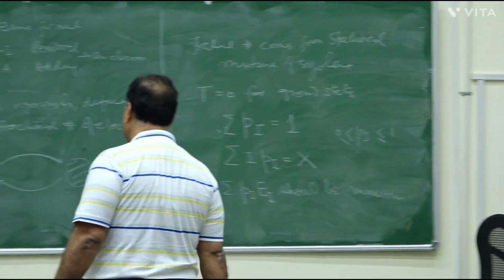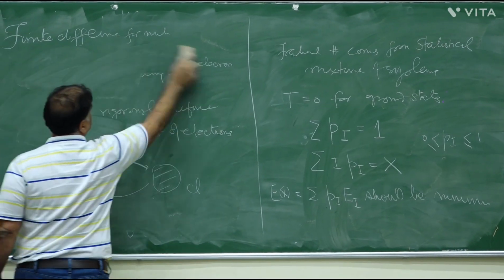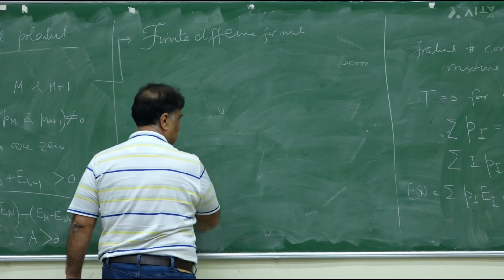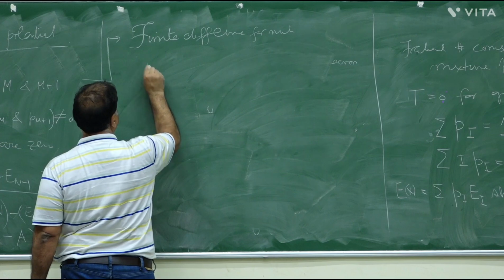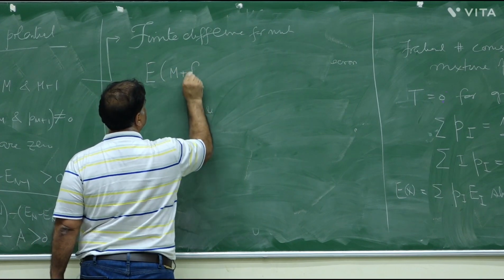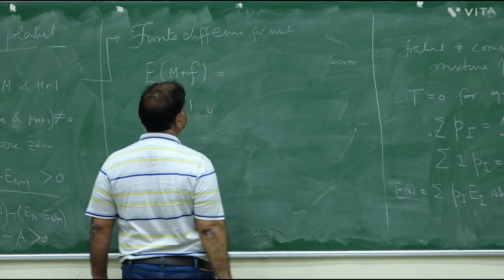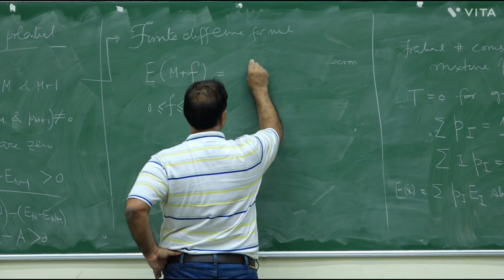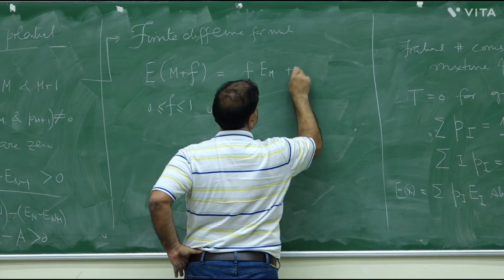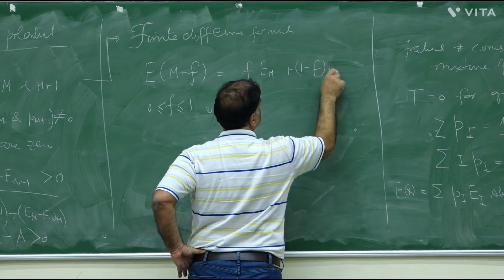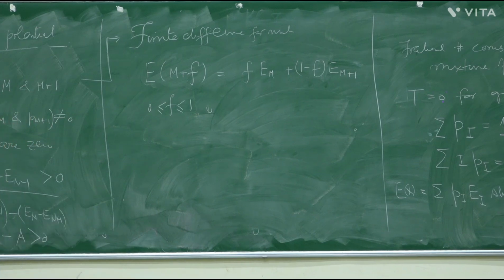So under these conditions, the energy E_x, and I'm going to call x as m plus f, where f is a fraction, is going to be (1 minus f) E_m plus f E_(m+1).